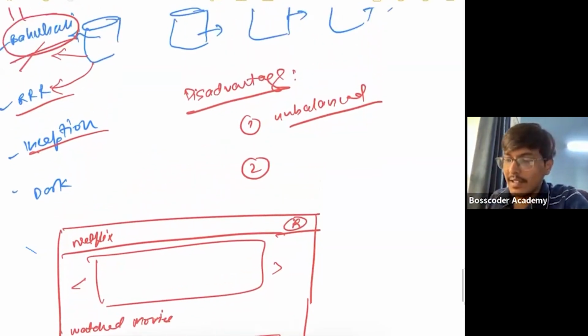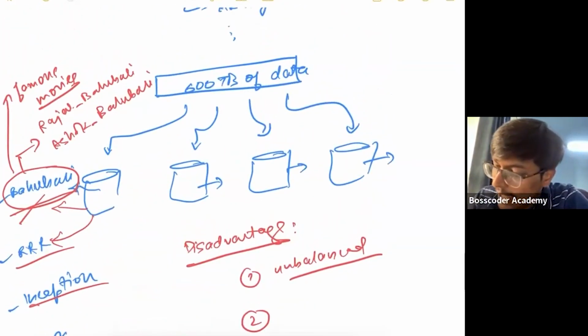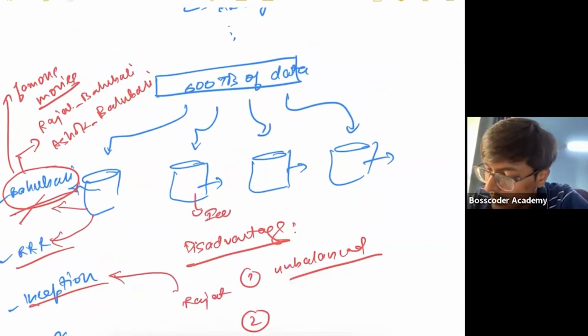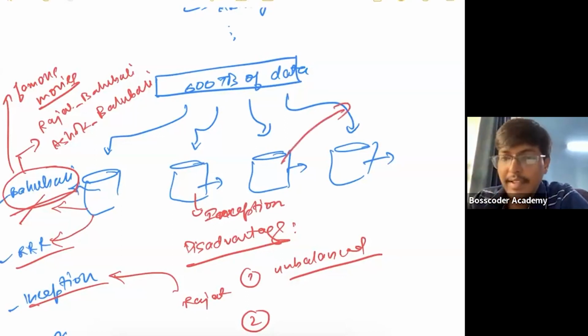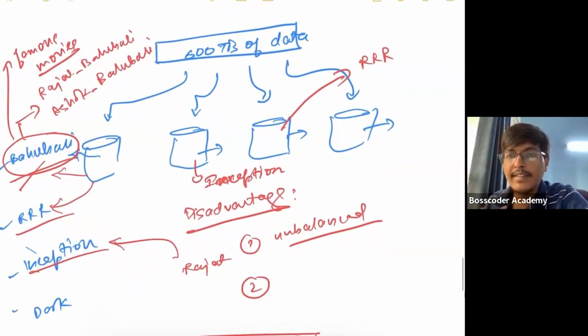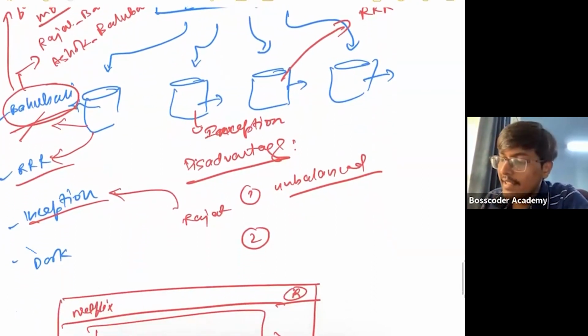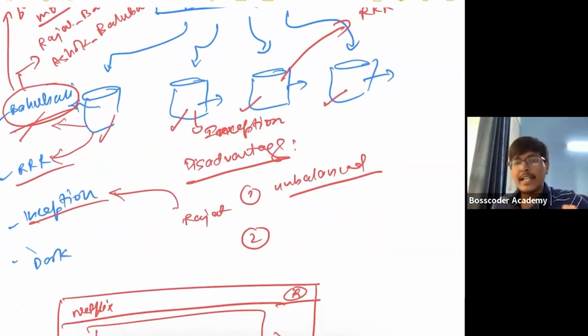Why will it be fast? Think of it, right? Rajat might have watched Inception as well, which is in this DB. Does this make sense? Or there might be one movie that I have watched here, for example, RRR. Is this making sense? So in order to get the interactions with movies, I have to interact with multiple databases.